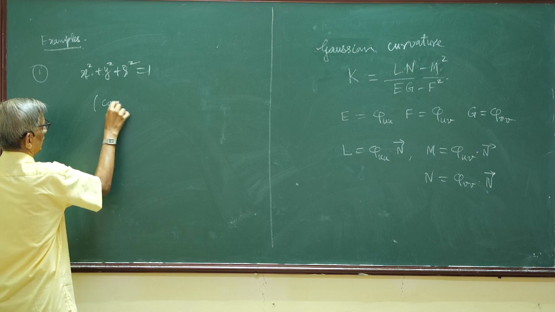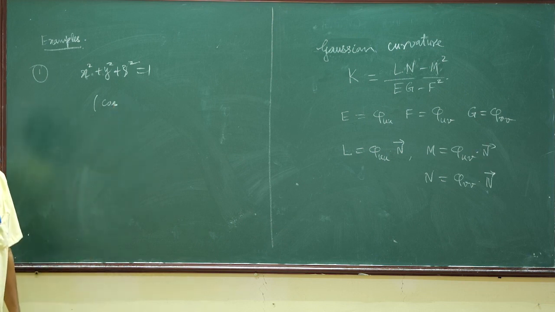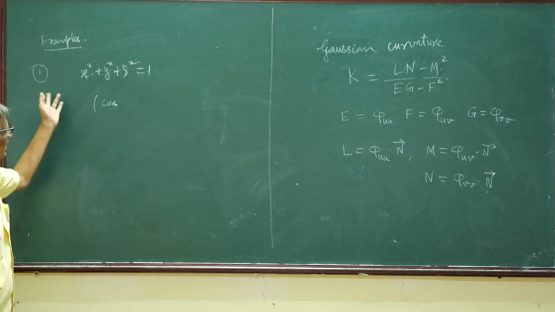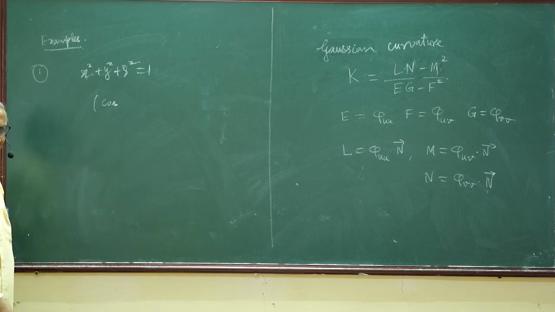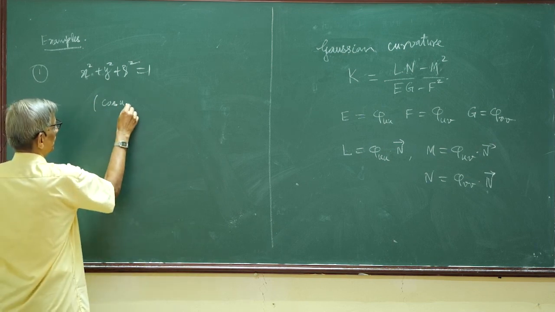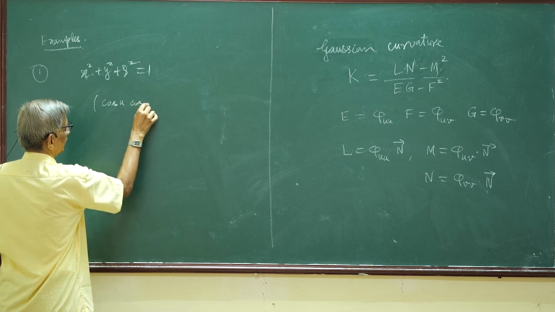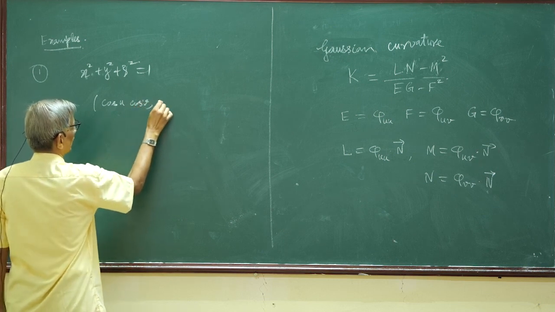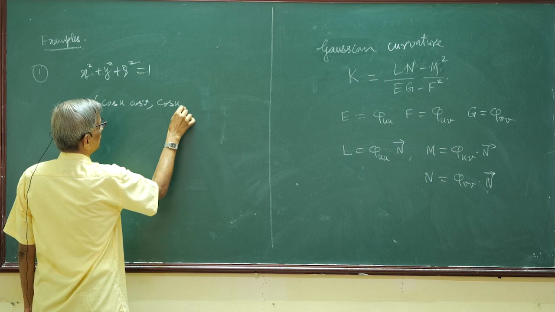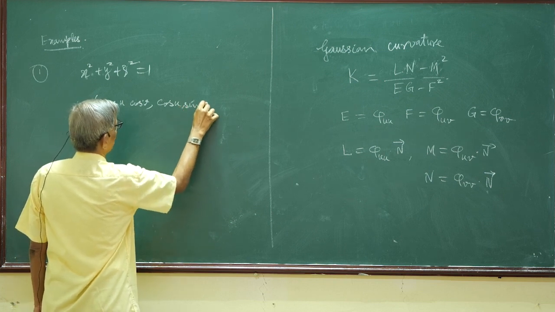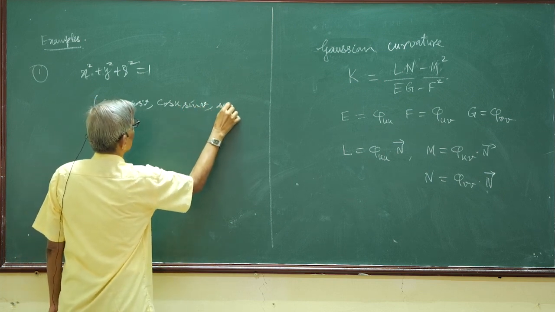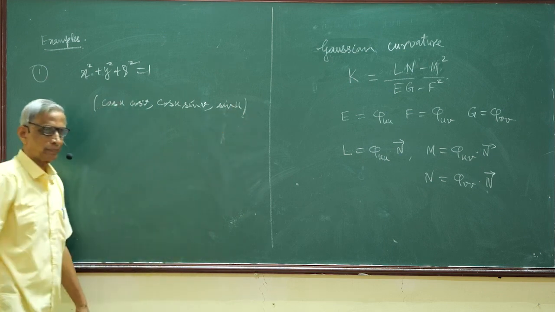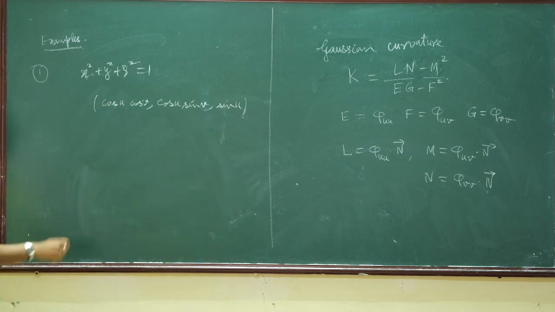So let us write u and v everywhere: cos u cos v, cos u sin v, sin u, right?